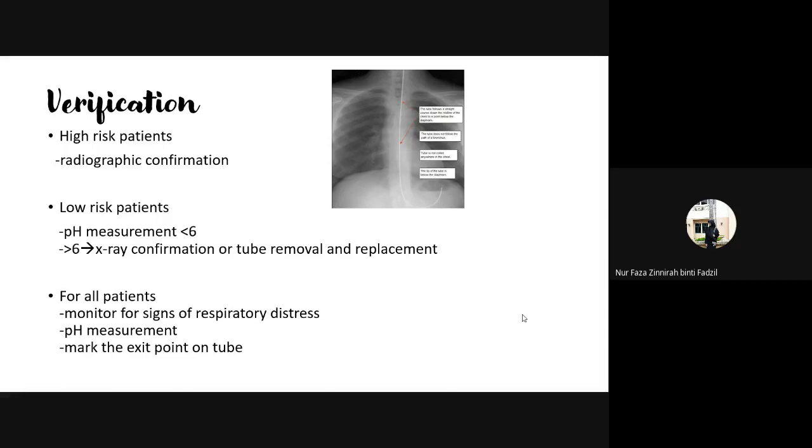If it is more than 6, we must confirm by X-ray, or remove the tube and replace it. And for all patients, we must monitor for signs of respiratory distress, for example cyanosis, dyspnea and coughing, check the pH measurement, and ensure that there is a mark at the exit point of the tube.